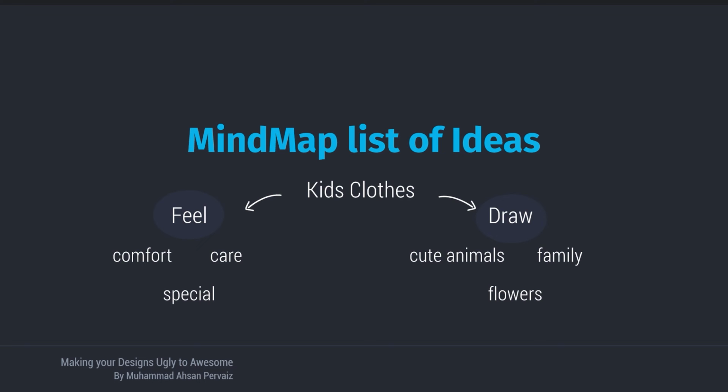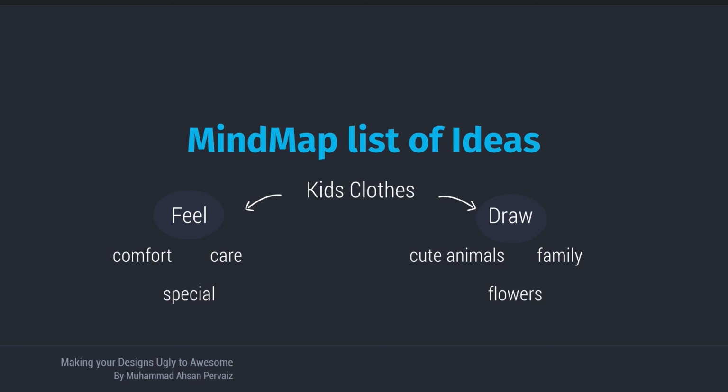These are three keywords that can be used to get more ideas. On the other hand, for the drawing, kids normally draw with very irregular lines, and they mostly draw on paper about their family, about different cute animals. We can also draw different flowers. All these concepts can be used in getting the branding ideas for this kids clothing.